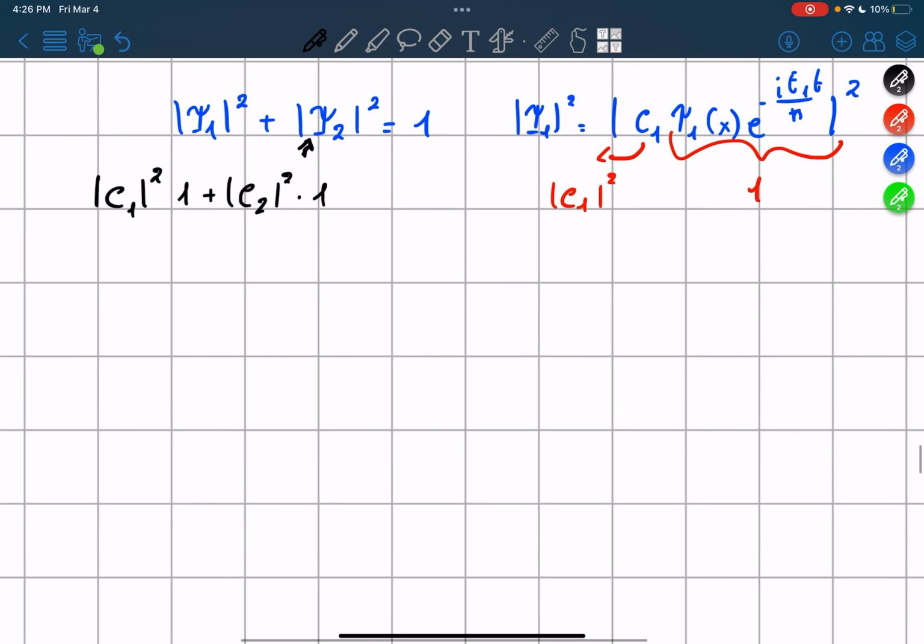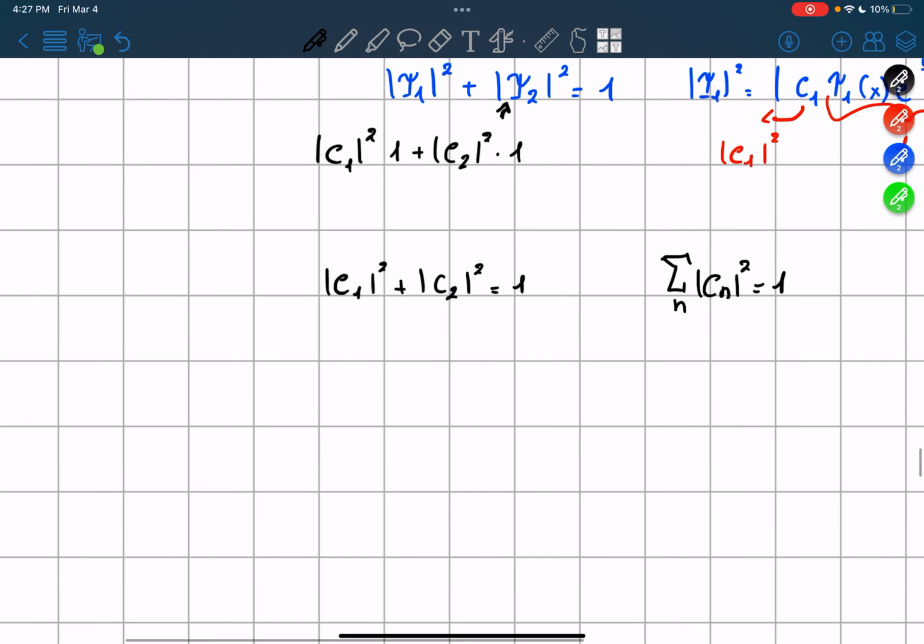Okay, so I get that c1 squared plus c2 squared has to be equal to 1, or I can say that the sum of all the cn squared has to be equal to 1. And that's how we pretty much normalize our function.